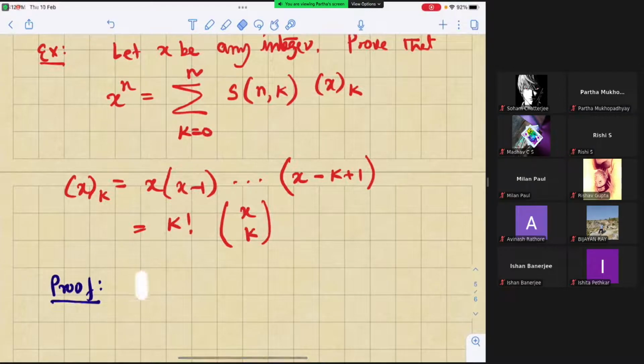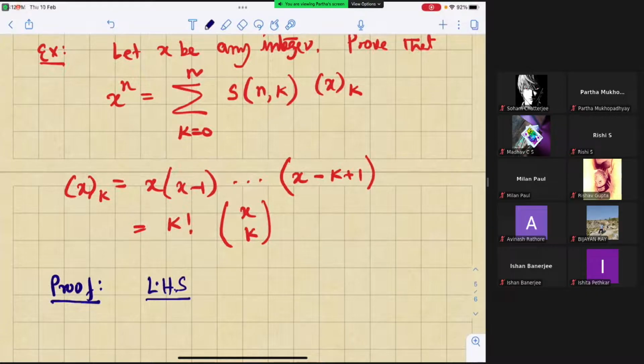Let's interpret it combinatorially. What is the number x power n? I want to give a mathematical interpretation of LHS and prove the same interpretation from RHS. Instead of doing a brutal calculation proof, we'll do a logical one.